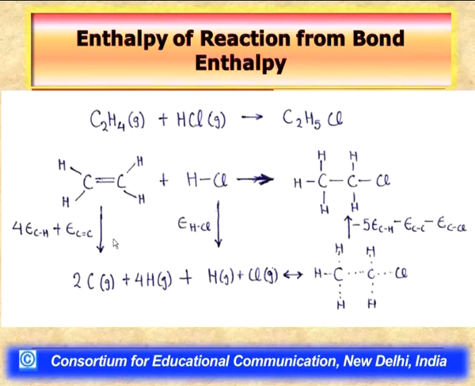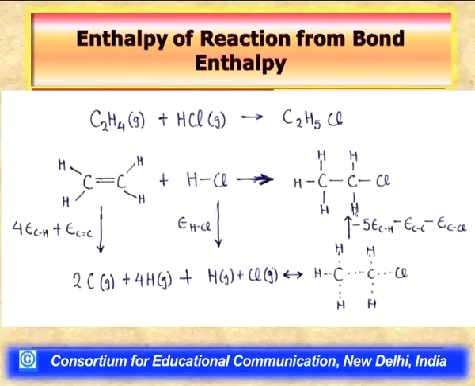Providing this heat for these two decompositions results in the formation of gaseous atoms: 2 carbon atoms and 4 hydrogen atoms from decomposition of ethylene, and for every 1 molecule of HCl which decomposes, 1 hydrogen atom and 1 chlorine atom.